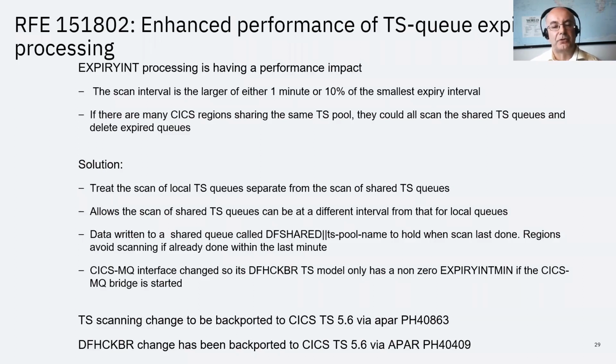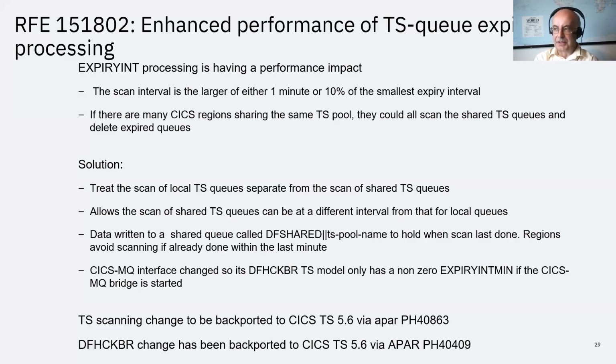And as part of that change, we had to introduce a TS model. And the TS model had a non-zero expiry interval min, number of minutes, which meant that unfortunately customers who weren't using the bridge were suffering from the fact that all of a sudden this new TS model with a non-zero expiry interval was causing lots of scans to happen.